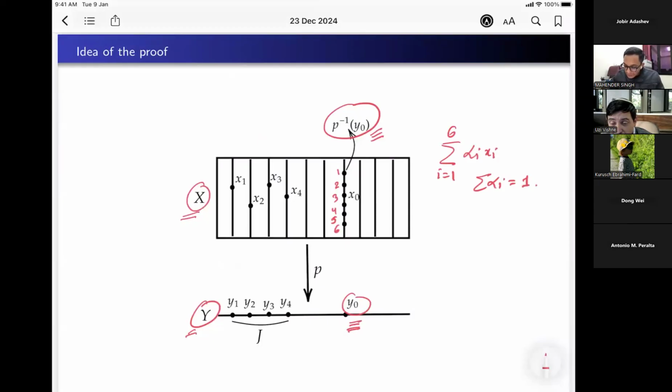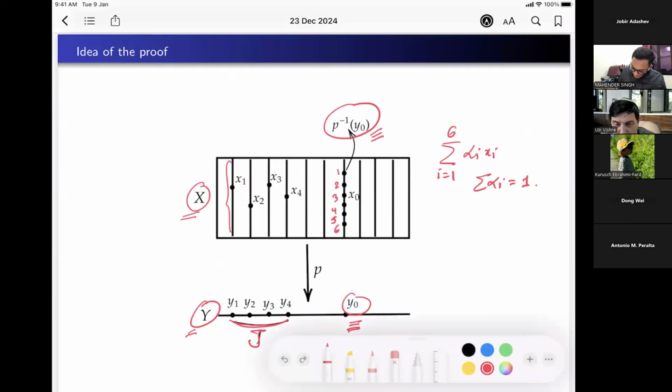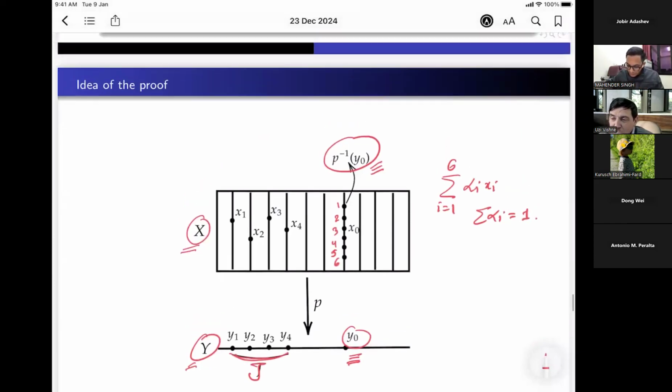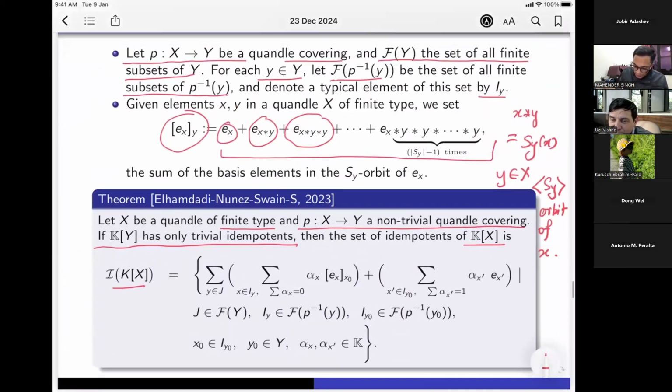Now, it turns out that these are not enough. There is something more to be added. So now you take any finite subset J of your set Y. Let's say the finite subset is y_1, y_2, y_3, y_4. And for each point, you look at the fiber. So this is the whole fiber, this is the whole fiber, and so on. Now from each fiber, you fix a point and you take its orbit.